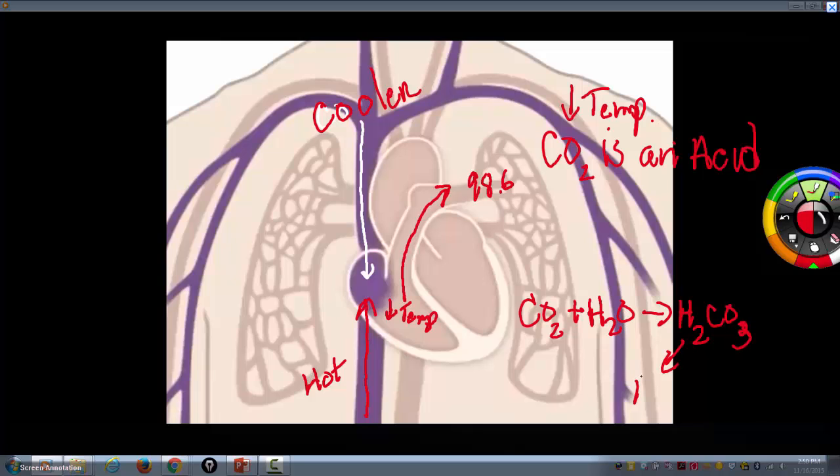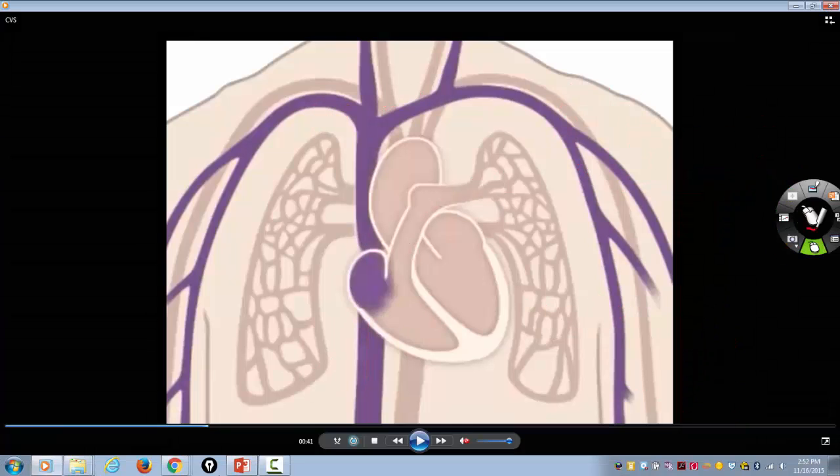And it's going to dissociate into hydrogen ions and bicarbonate ions. And any substance that forms free-floating hydrogen ions is an acid. Woo!